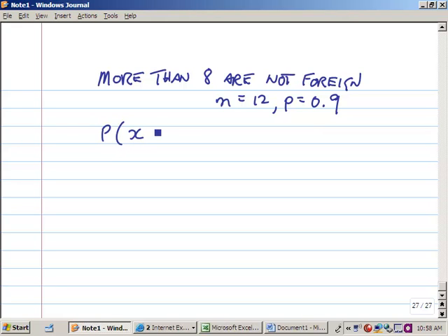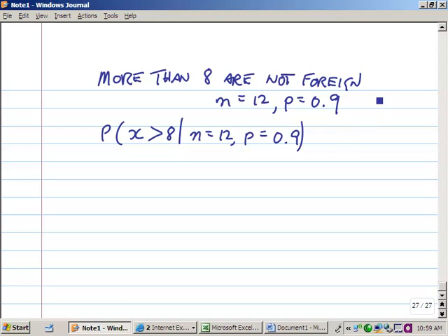So this is more than 8 not foreign out of 12, where the probability that any one is not foreign is 0.9. Of course, there are other ways you can do this, but that's one way.